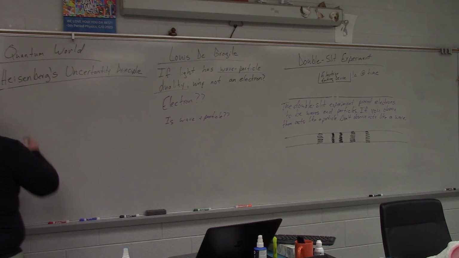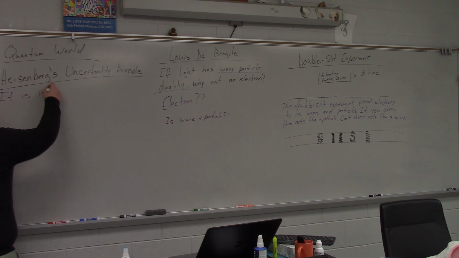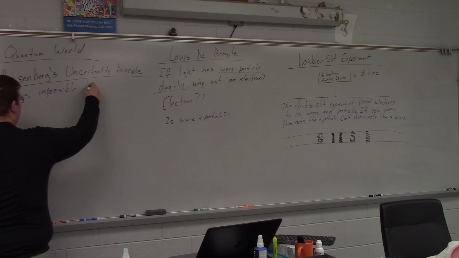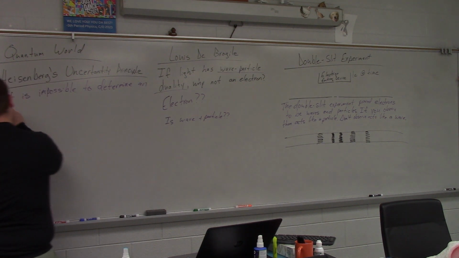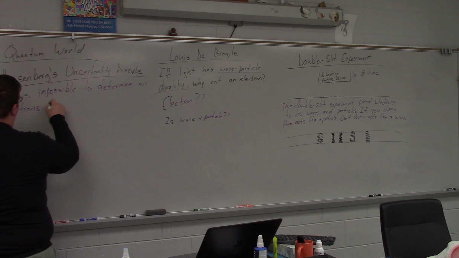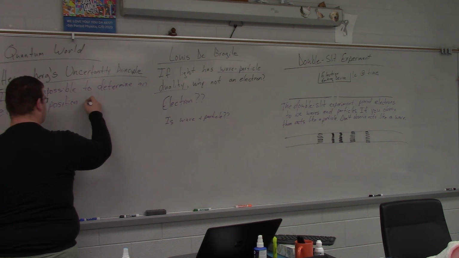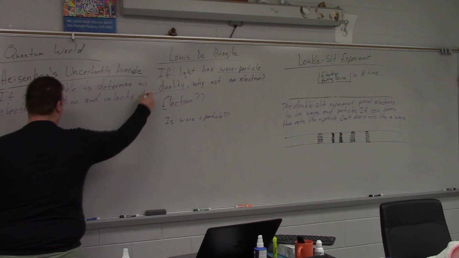It is impossible to determine an electron's position and velocity at the same time.